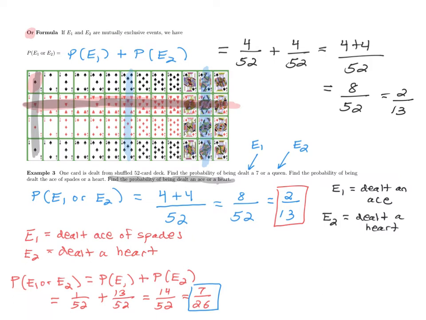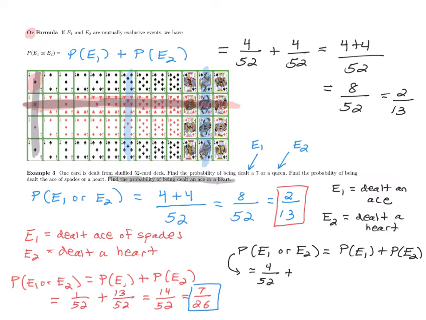So if we want the probability that E1 or E2 happens, if we use the above formula, it's going to be the probability of E1 plus the probability of E2. I'll continue this work down here. We know the probability of E1, that is 4 out of 52.